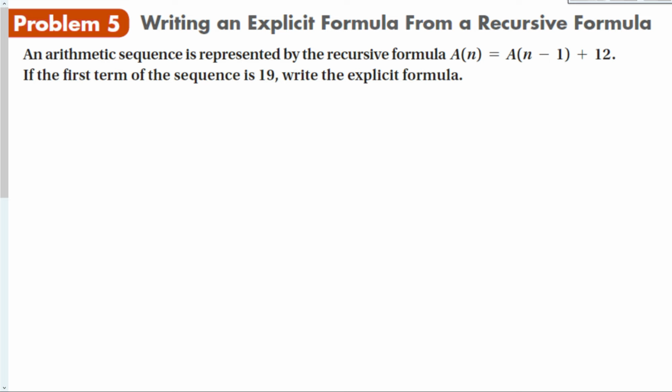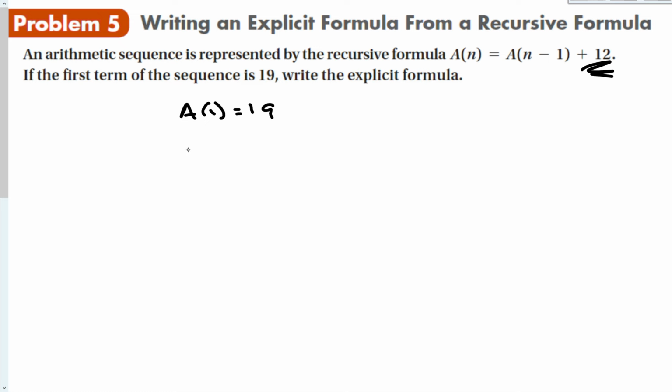So I know that a of 1 is 19. Each one is going to go up by 12, so this is my common difference.